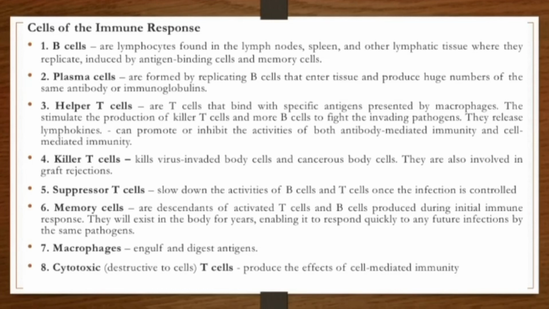They will exist in the body for years, enabling it to respond quickly to infections by the same pathogens. Macrophages engulf and digest antigens. Cytotoxic, meaning destructive to cells, T cells produce the effects of cell-mediated immunity.